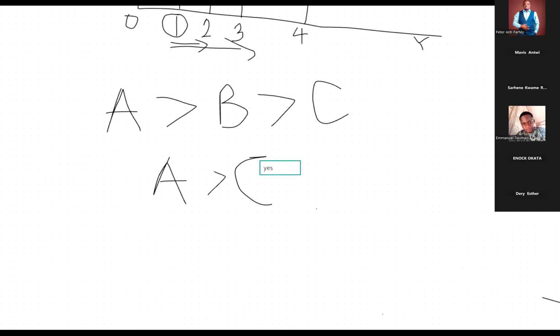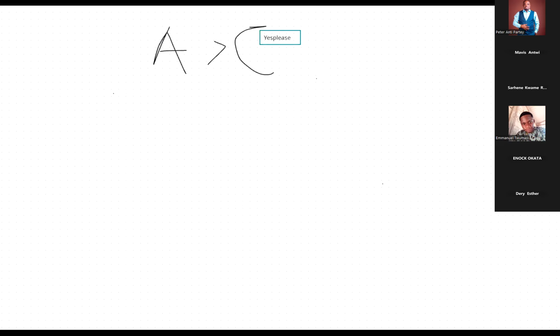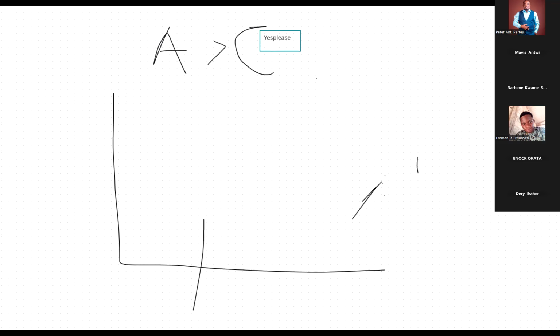Let me show you how it works. So let's go back to the indifference curve. Now, what the law of transitivity tells us is that two indifference curves can never cross.